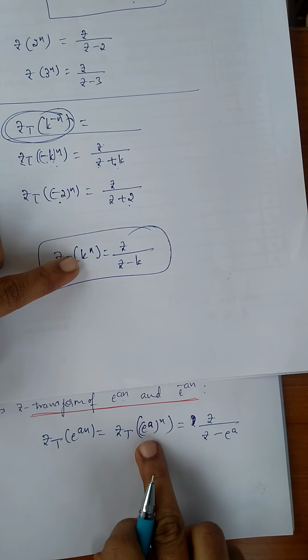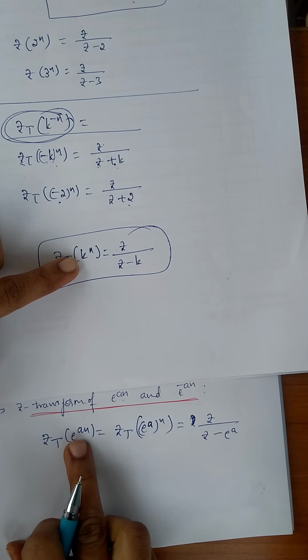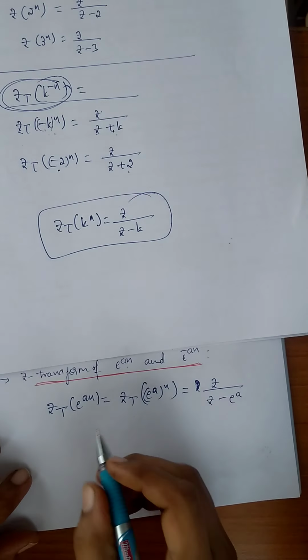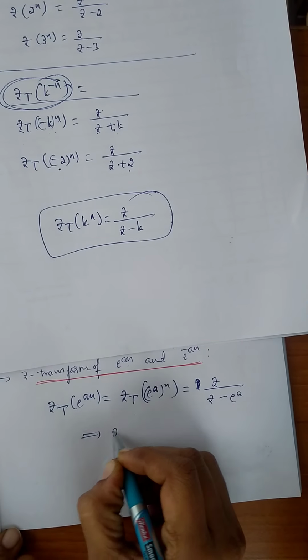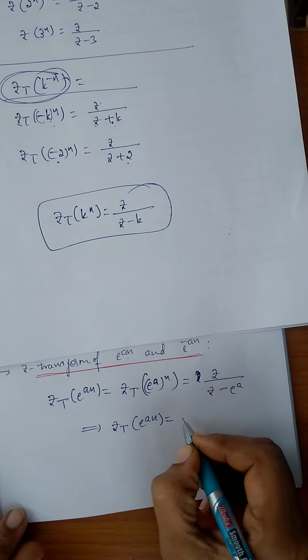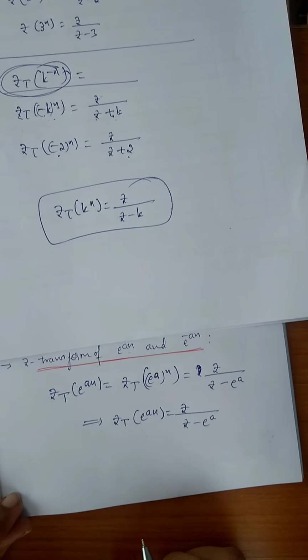Therefore I am going to replace k by e to the power of a. Therefore the z transform of e to the power of a is nothing but z by z minus e to the power of a.